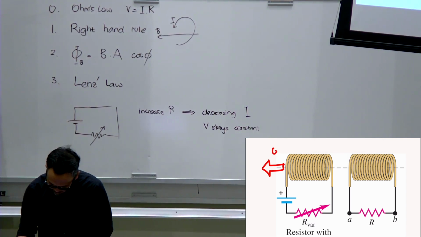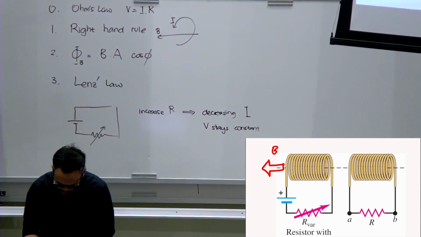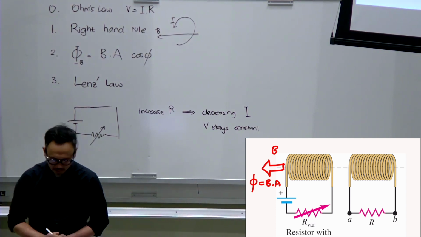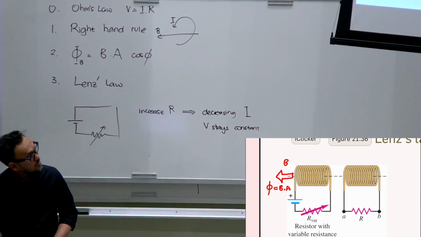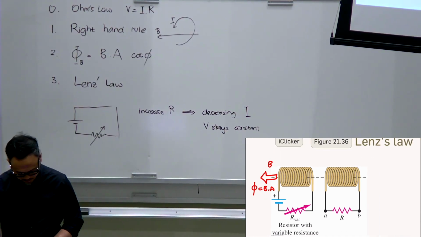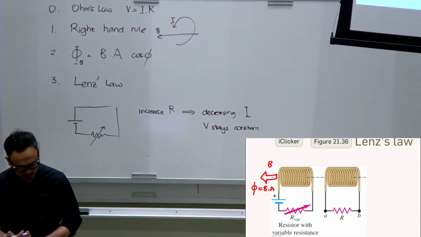And so this is the direction of the magnetic field, and we know the direction of flux. Is that clear so far? And then what is next? Next, we need to know whether the flux increases or decreases.